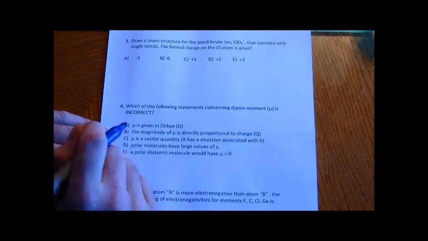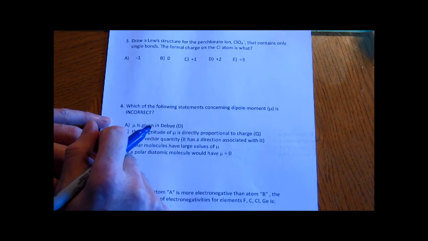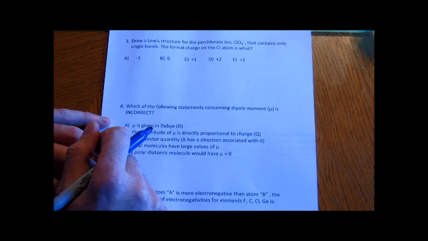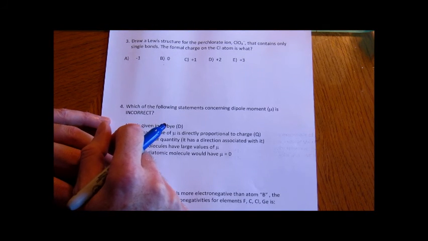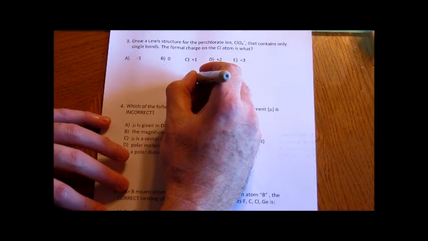You next have to draw a Lewis structure for the perchlorate ion, ClO4-, that contains only single bonds. Now, I'm not going to go through the whole process of drawing these Lewis structures. I expect you to be able to do that by now. So let's just have a quick look at what it ends up looking like.